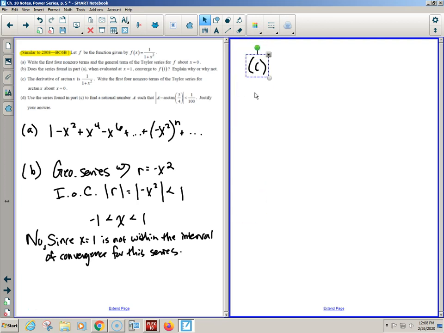Okay, so now what? Write the first 4 non-zero terms of the Taylor series. They just told me this is the derivative of the guy that you want the Taylor series for. So can't I go ahead and think arctan of x is going to, we haven't talked about this yet.